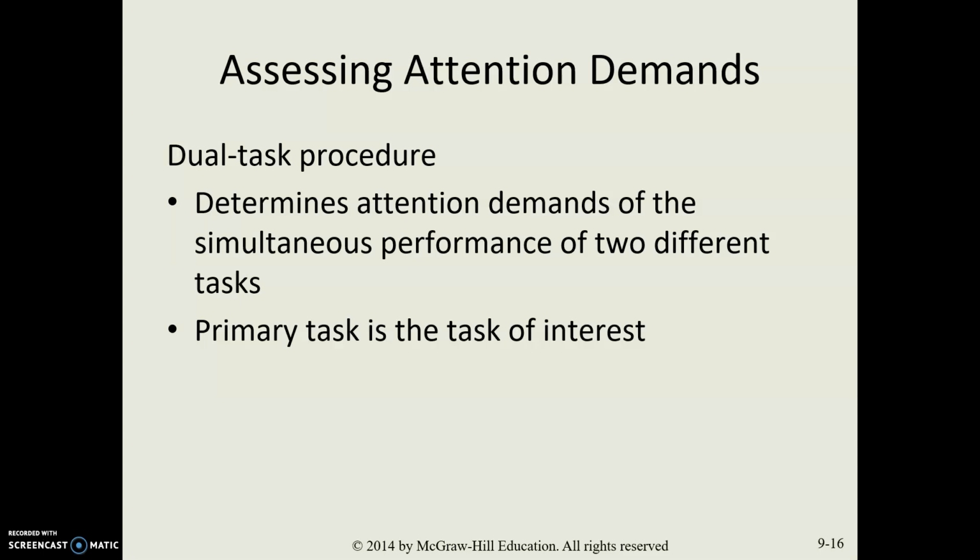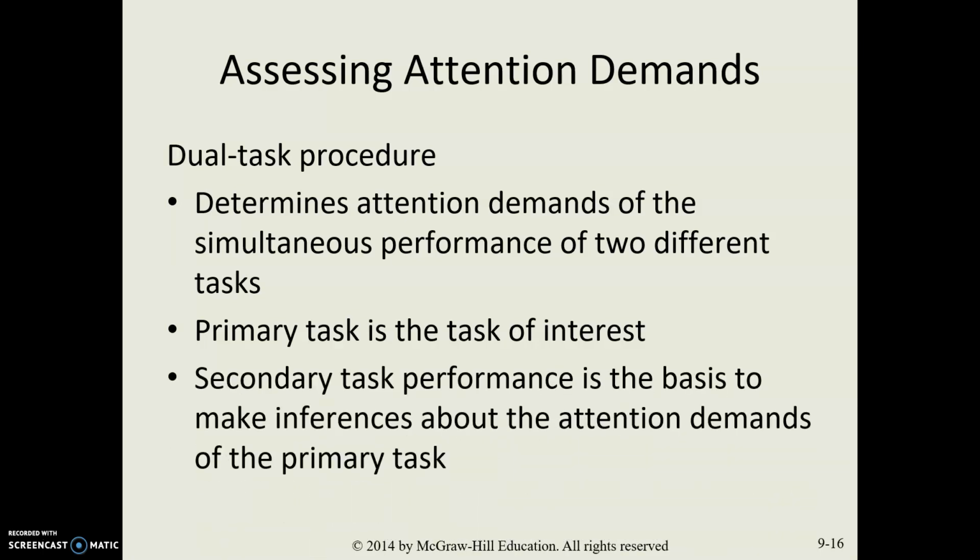And then you're going to provide what they call a secondary task performance, a task that tries to interfere with your attention demands on the first task. So they've done research to measure attention demands as it relates to primary and secondary tasks.